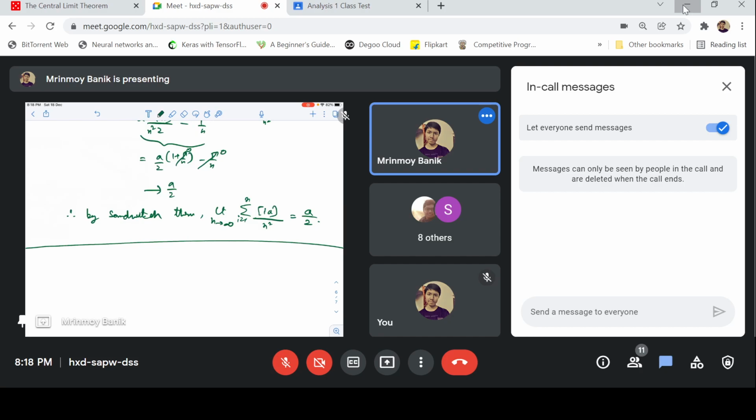So after N1, everything becomes less than delta epsilon, and we know if something is less than delta epsilon, this thing should happen.